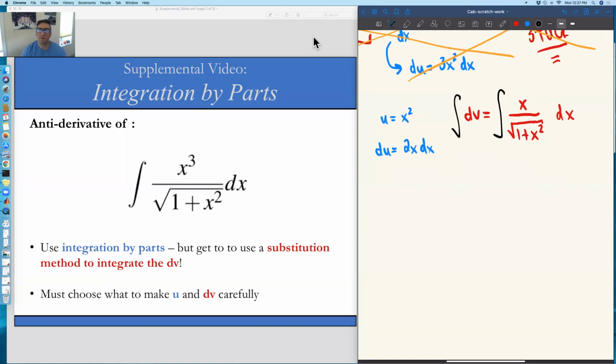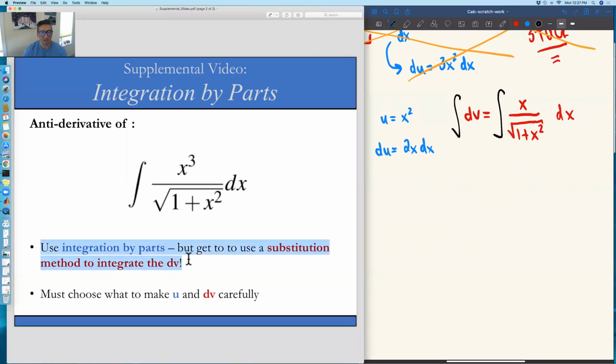If we think about this for a second, this actually can be found using u-substitution. This is what I meant by the first step in this problem. We're going to get to use a substitution method to integrate that dv to find v by itself. Since we've already used a u in this problem, even though we're going to proceed with a u-substitution, we can let w be that substitution variable.